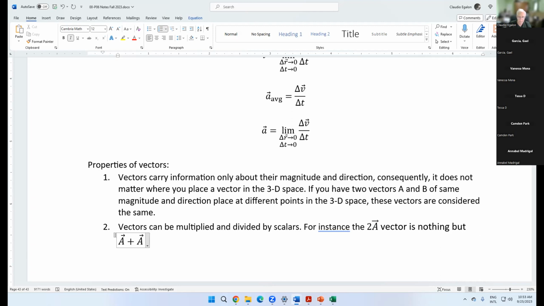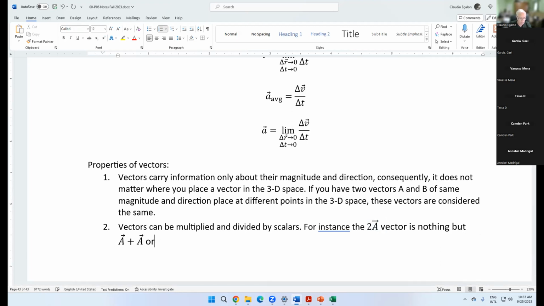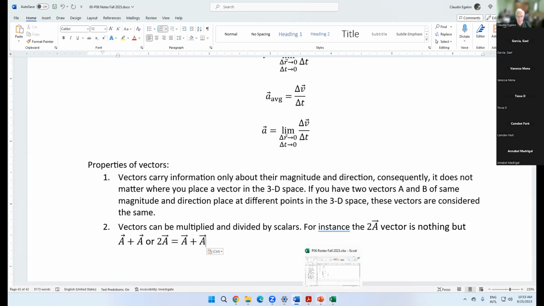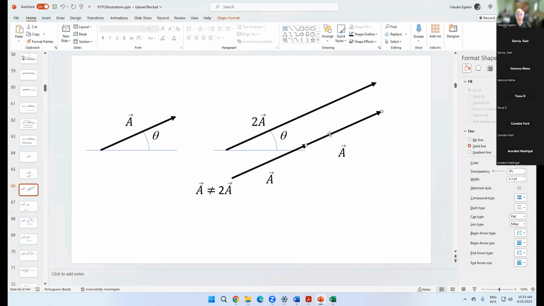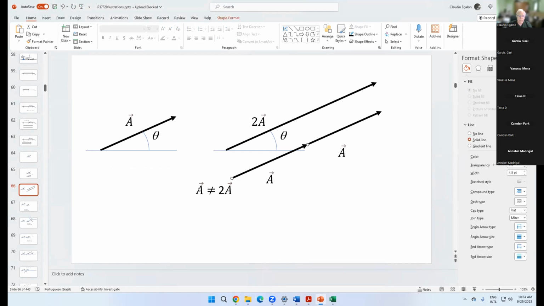Mathematically speaking, 2A is equal to A plus A. Graphically speaking, it's going to be something like that. You get the vector A twice, put the tail of one at the head of the other, and the resulting vector goes from its tail to the head of the other. Okay? The vector A is different from the vector 2A, very important.